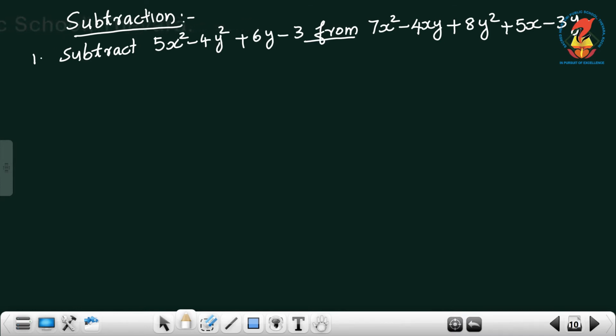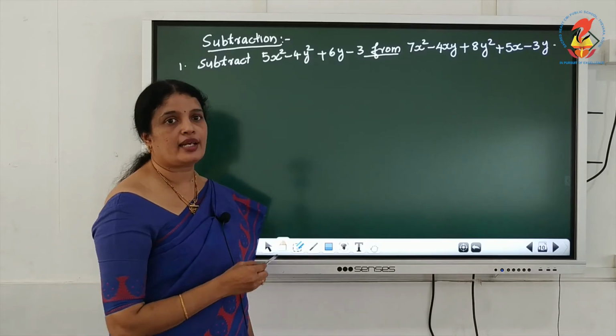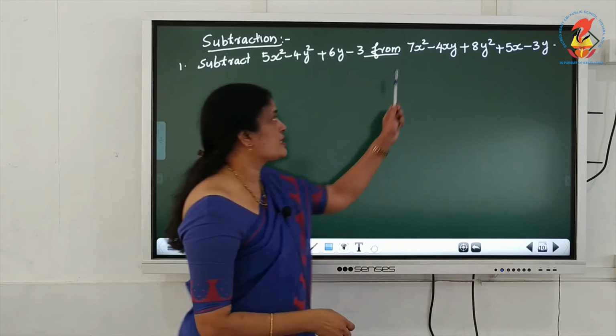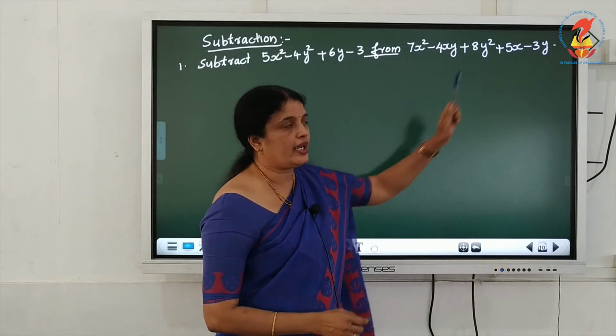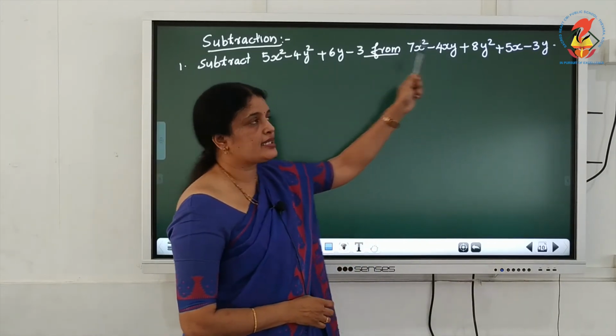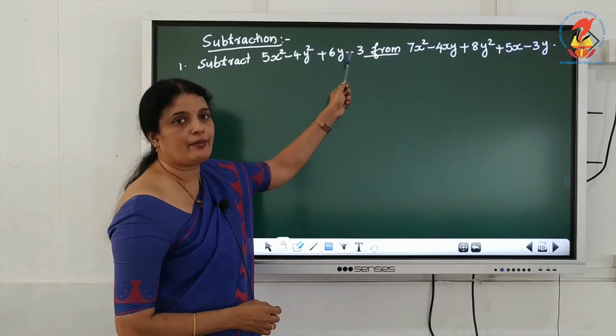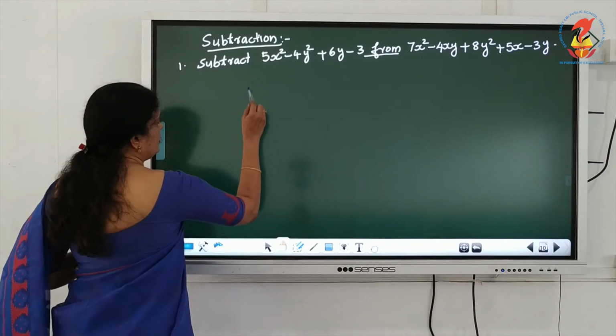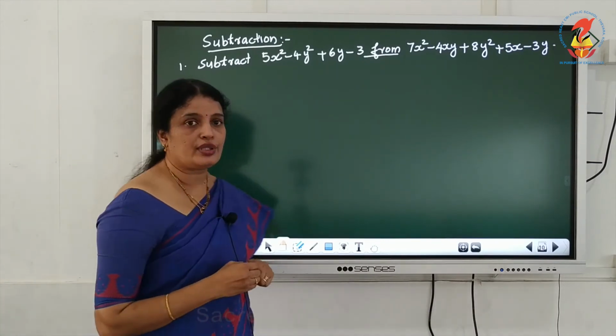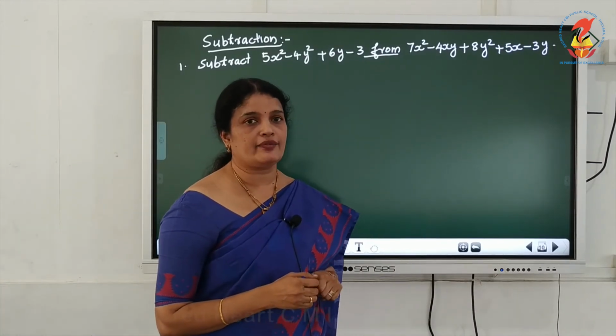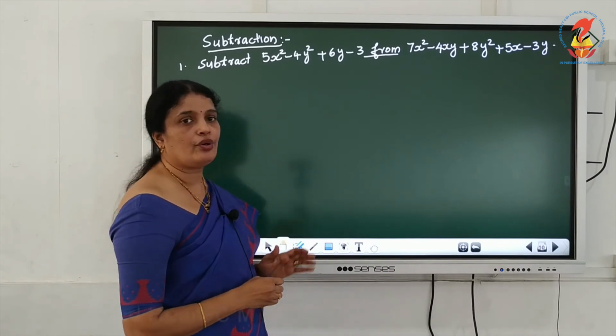From 7x square minus 4xy plus 8y square plus 5x minus 3y, so this expression you should write first. From this expression subtract 5x square minus 4y square plus 6y minus 3. When you subtract two numbers, you take the additive inverse. The same rule you can follow here also.